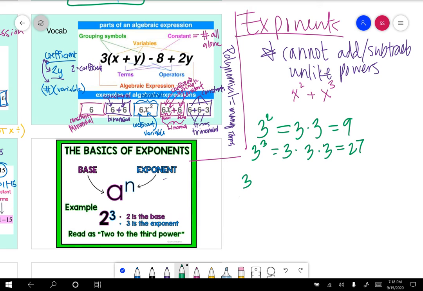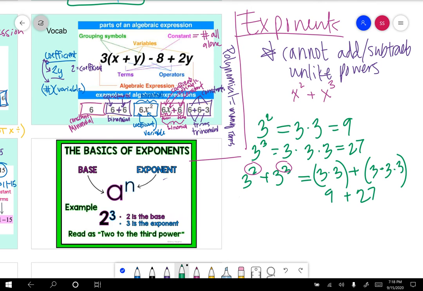Now, if I were to say 3 to the second plus 3 to the third, we would not be able to add those together, meaning adding the exponents together. So let's lay this out. 3 times 3 is 3 squared plus 3 times 3 times 3 would be the 3 to the third. 3 times 3 we know is 9 plus 27 gives us 36.